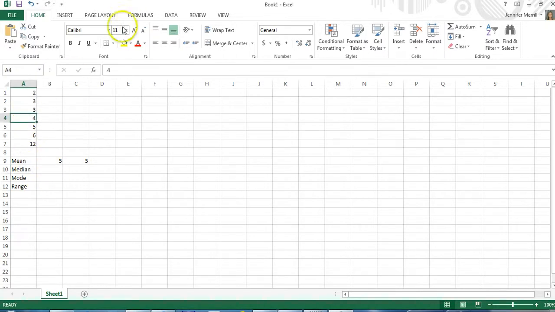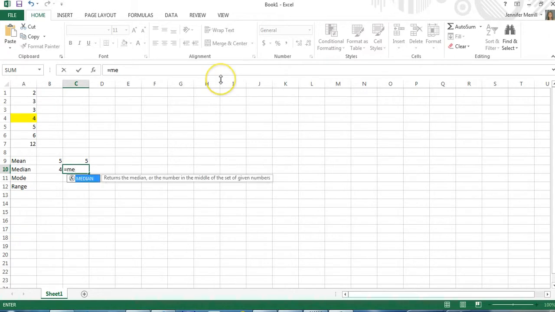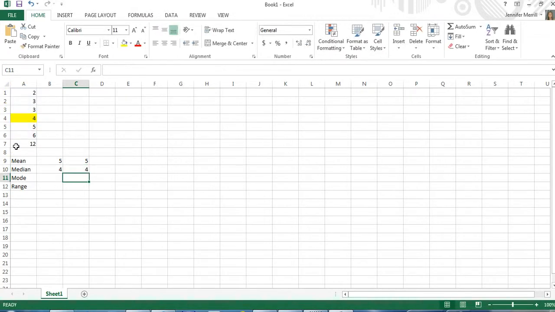The median, there's two things. You could either look at the numbers and say, okay, my median is 4. That's kind of like what we did before. Or once again, you could put in a formula, equals median, parenthesis, highlight that data, close the parenthesis and hit enter, and there it tells us our median. The mode, we can see that 3 occurs the most.